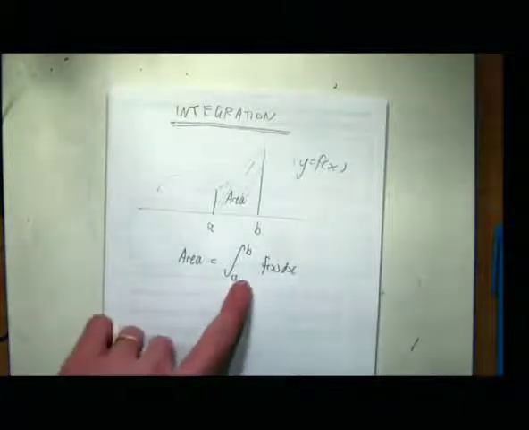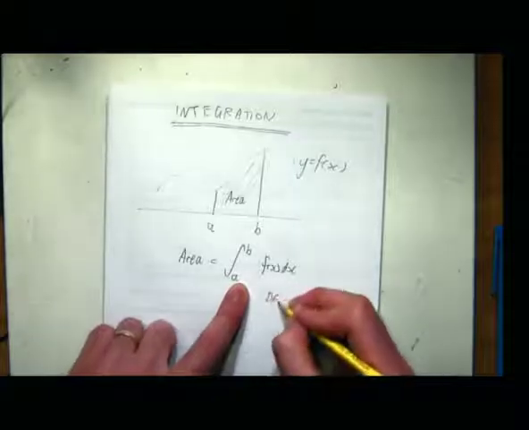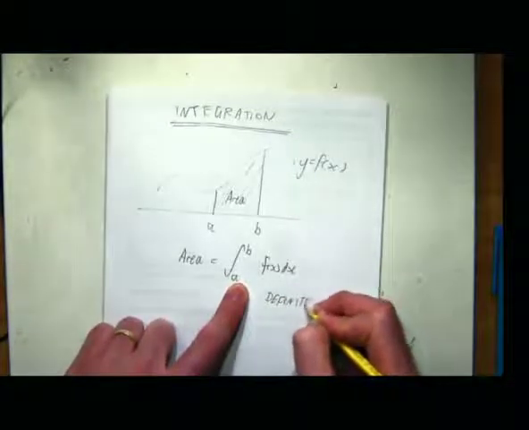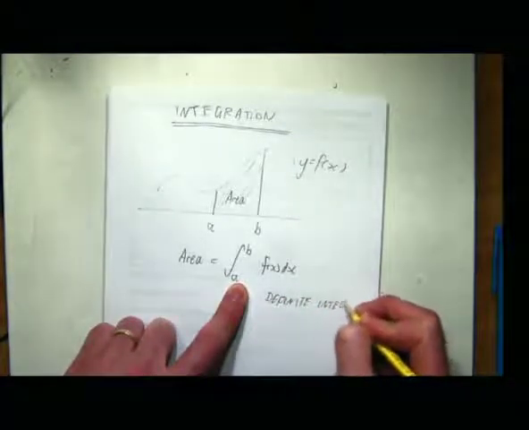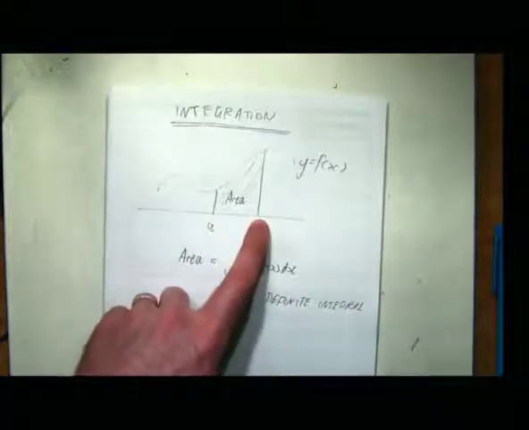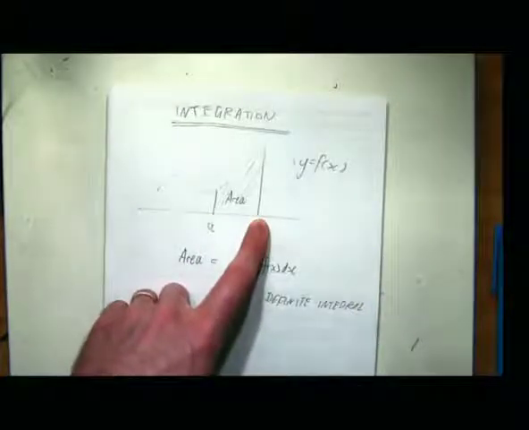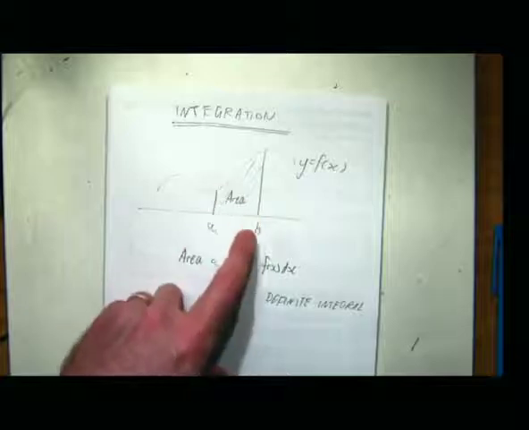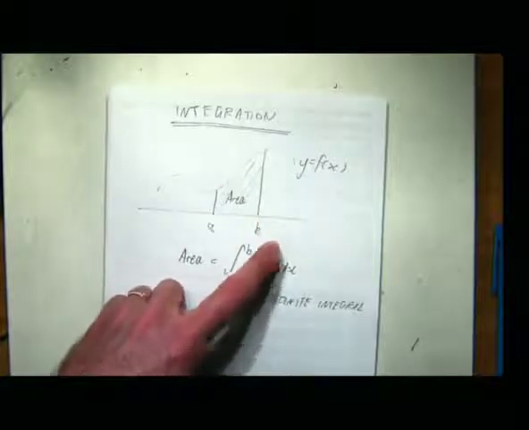Okay, so definite integrals were invented first. And so this is called a definite integral. And it literally describes the area between here and here, with a little bit of extra care, because if the area dips below the x-axis, it counts as a negative area.